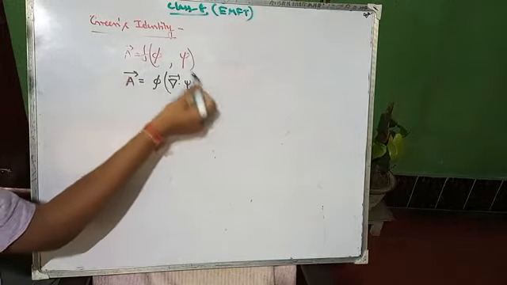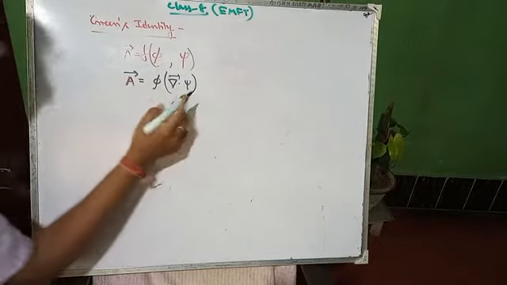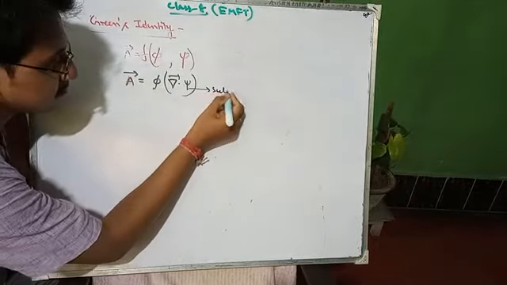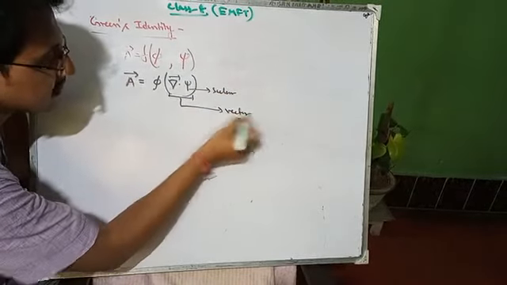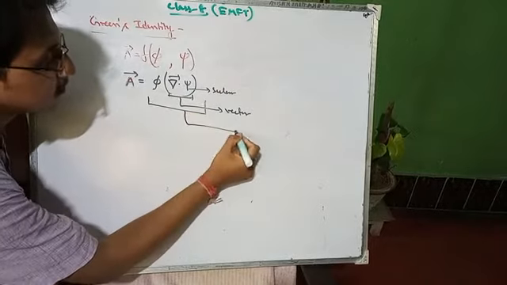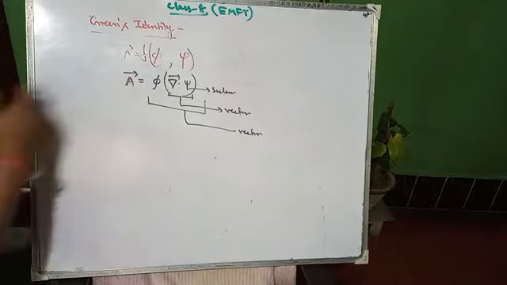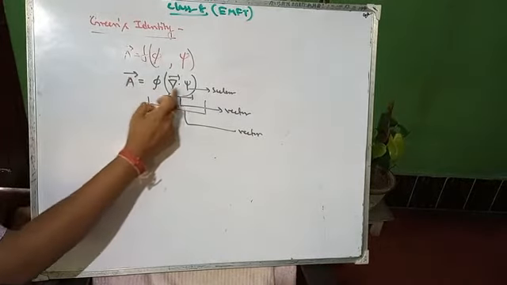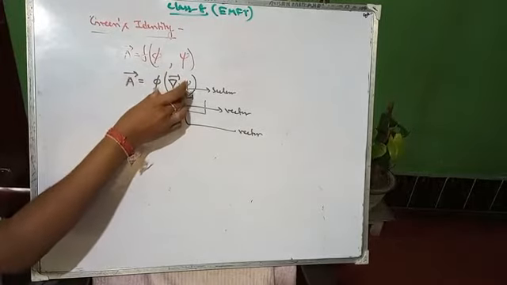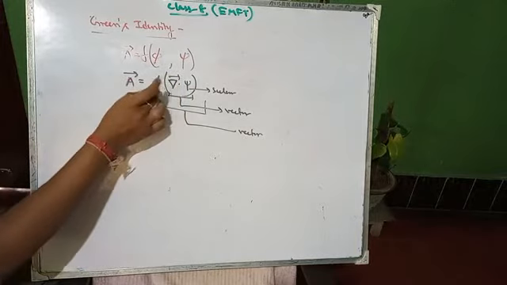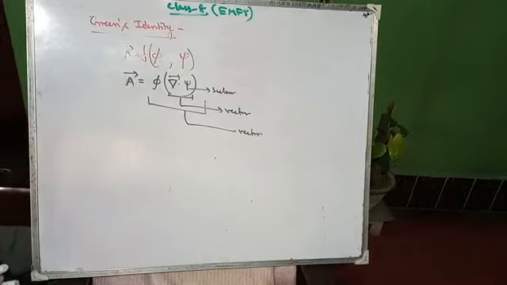The gradient of psi is a vector, and this vector multiplied with the scalar produces a vector. This term is a scalar and this term is a vector, and multiplied together they give another vector. So a particular relation between them forms the vector A.